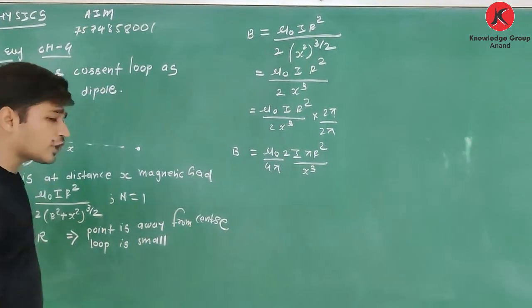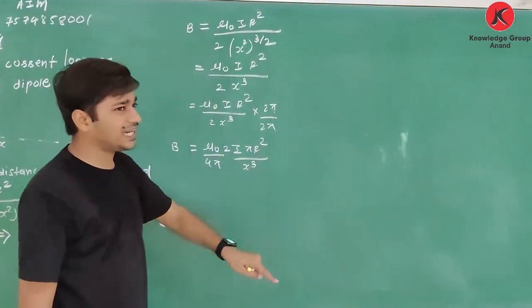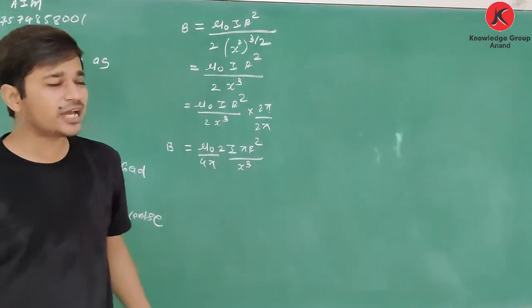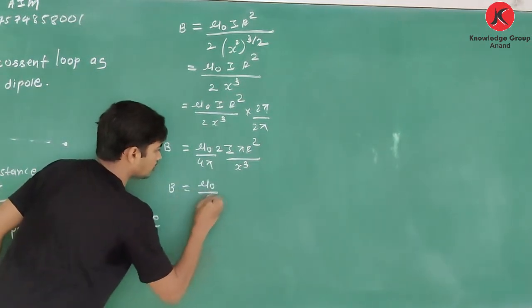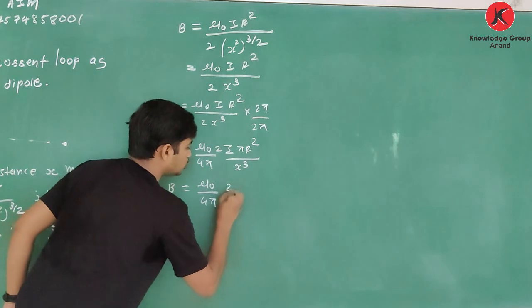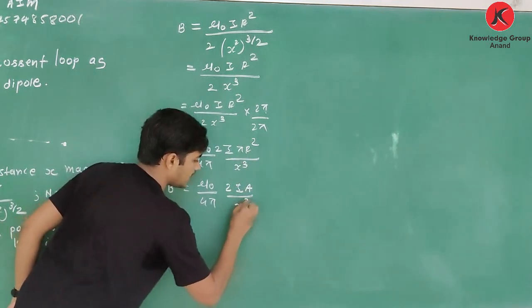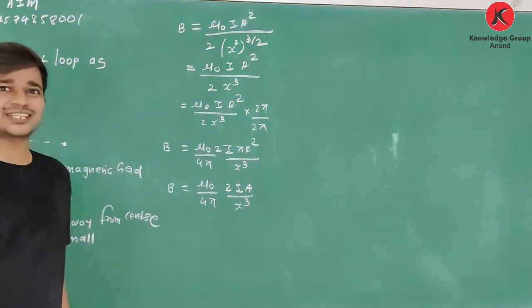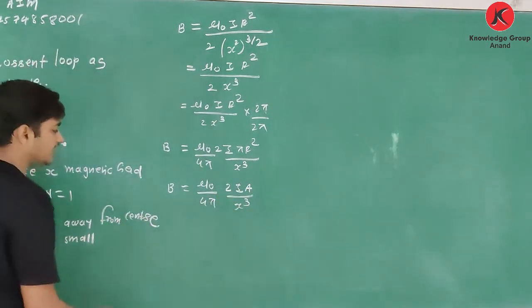What is the radius of the circular loop? R. And what is its area? Pi r square. So I can write this pi r square as its area. So B is equal to mu 0 upon 4 pi, 2 I A divided by x cube. In the last lecture we discussed that I A is equal to the magnetic moment.